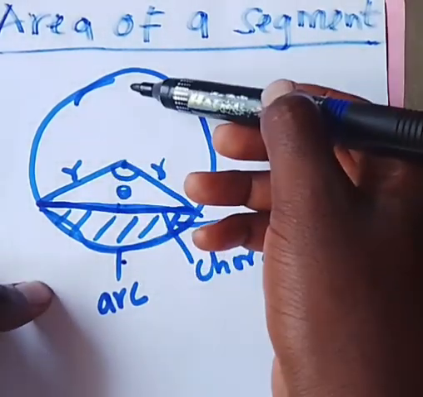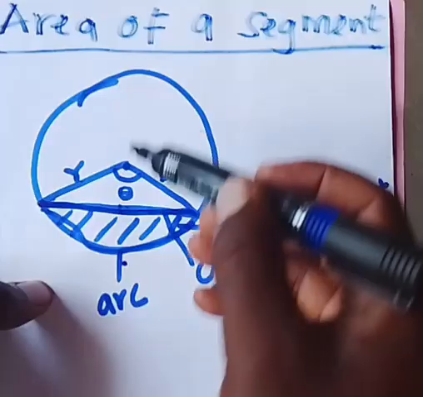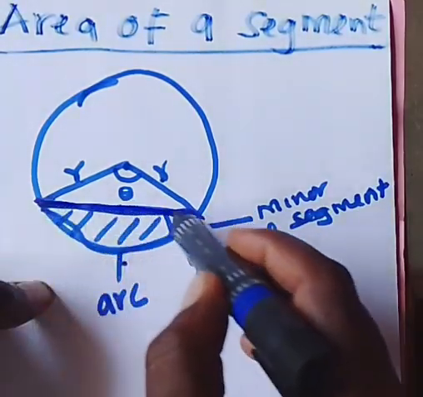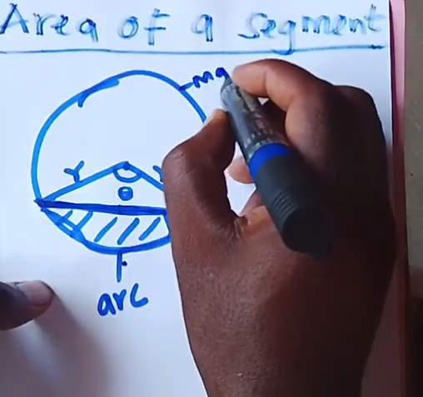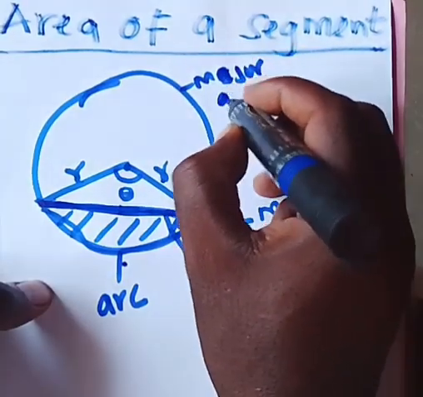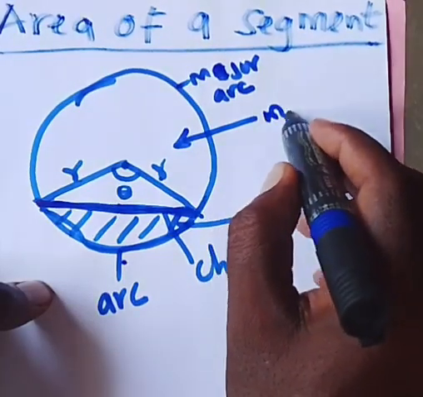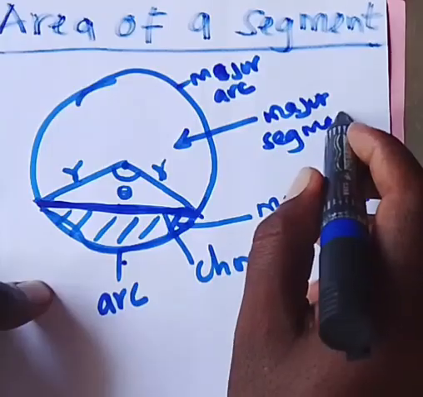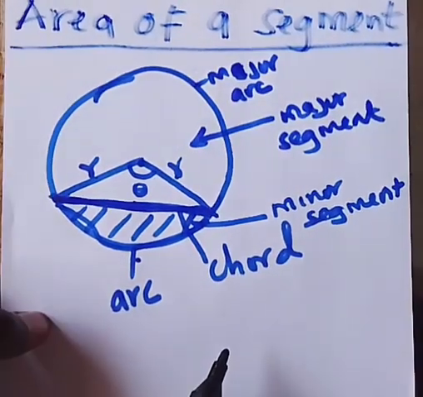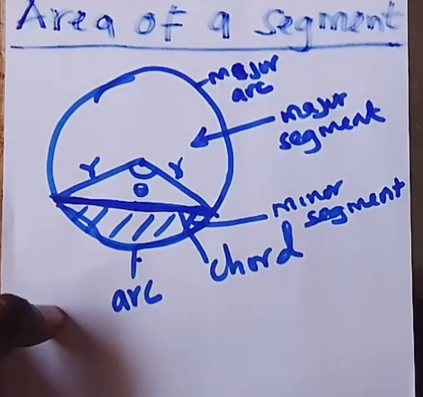Then the other part, which is remaining, is also bounded by this chord and this major arc. So I can call this one a major arc. So this region now, we will call it the major segment. If you look clearly, you will realize that this segment is inside the sector.